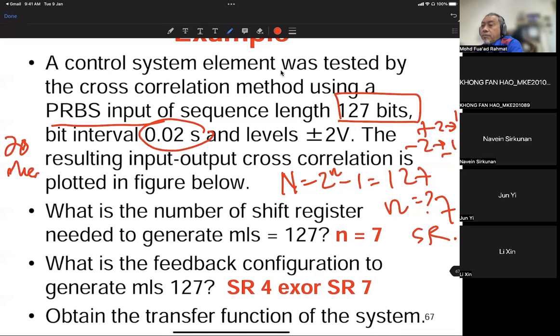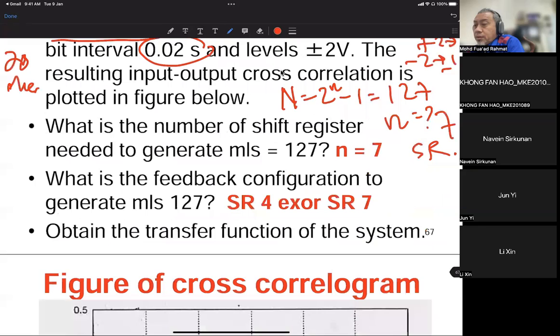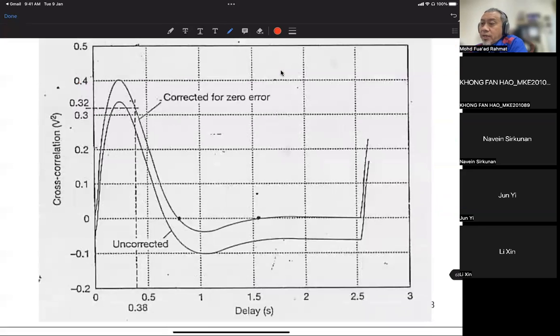So the resulting input-output cross-correlation is shown in the figure below. This is the result. We have 2 lines. One line is the original one, which we call the uncorrected CCF. The second one is corrected for zero error, meaning that our measurement does not start from 0, so we must move it so that it starts from 0.